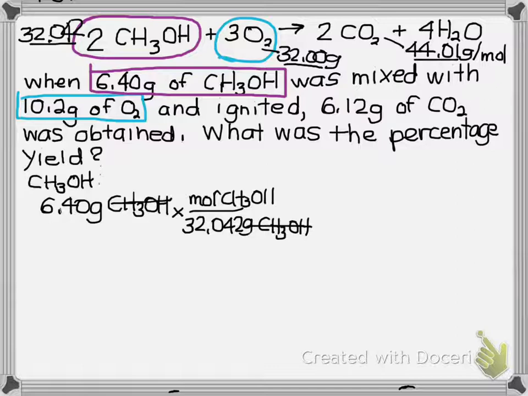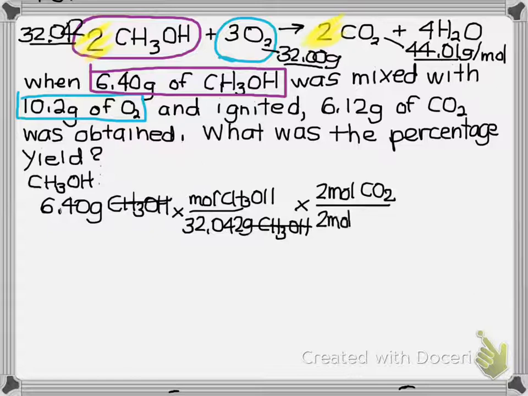So now this would convert it into moles, and once it's in moles we can use the mole ratio to convert it into moles of CO2. So looking up here, what I'm looking for is CO2, so I use this 2 here. So it's 2 moles CO2, and then I use this 2 here because that's what I started with.